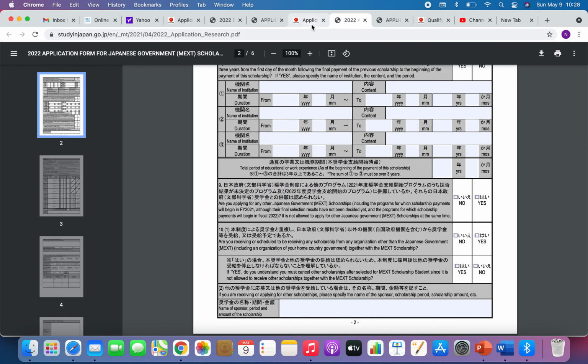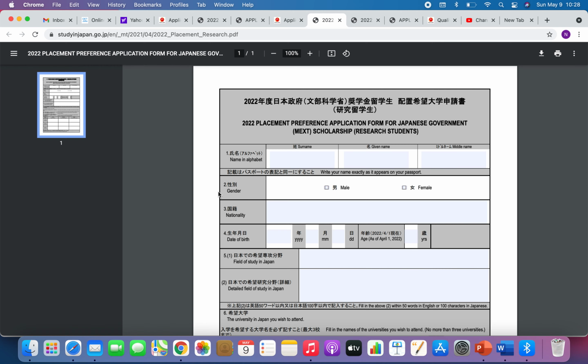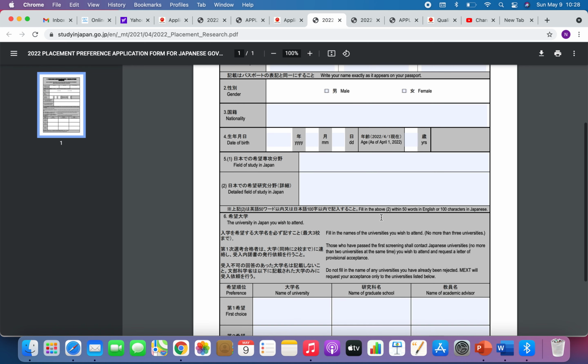The next thing is the placement preference application form. You have to write your name, your gender, your nationality, your date of birth, and your age as of April 1st, 2022.